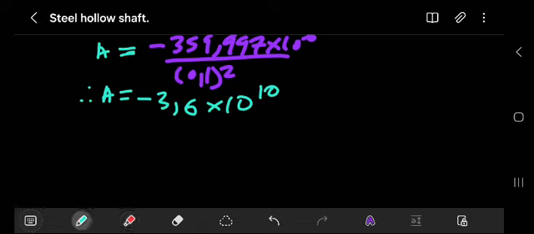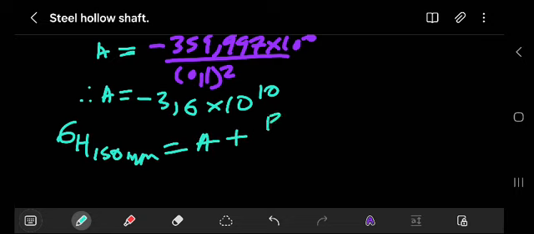The hoop stress at 150 millimeter is A plus B over D squared.